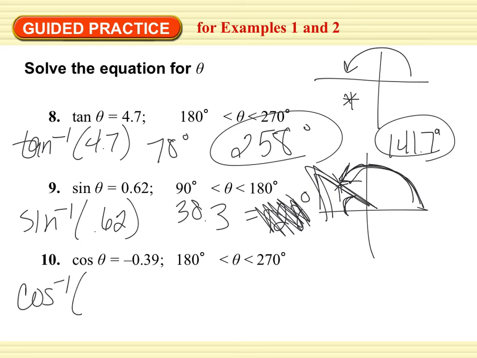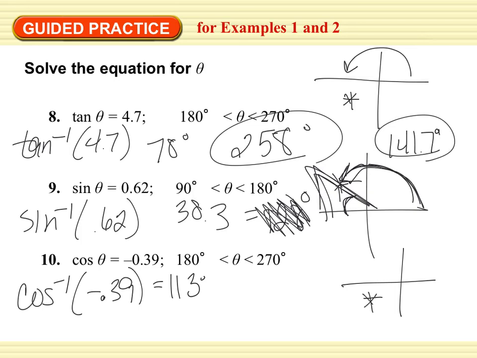Cosine -1 of -0.39 equals 112.95, so 113. 113 is not in between those two. Between 180 and 270 is right here.